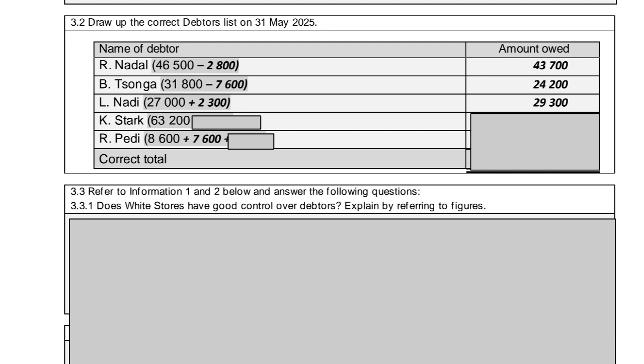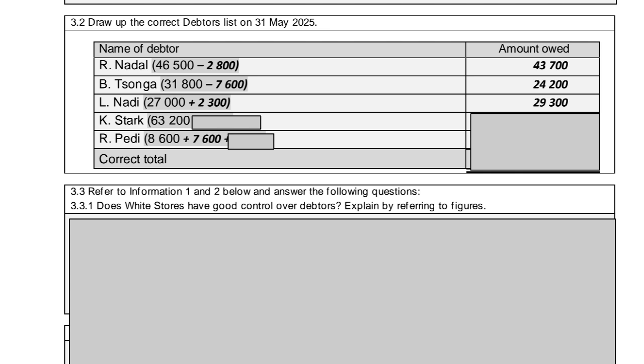4F, goods sold on credit to K. Stark, 4,700 Rand, were correctly recorded in the relevant subsidiary journal, but the amount was posted to his account in the debtors ledger as 7,400. So what is the difference? What is 7,400 minus 4,700?